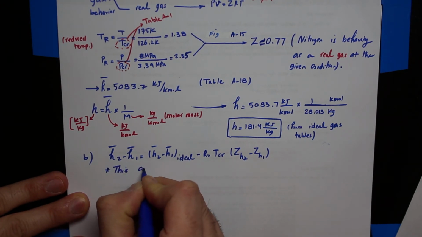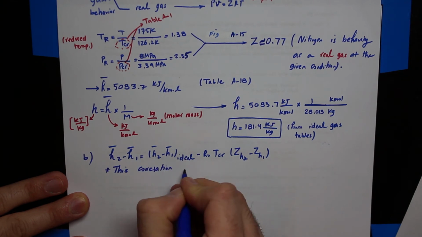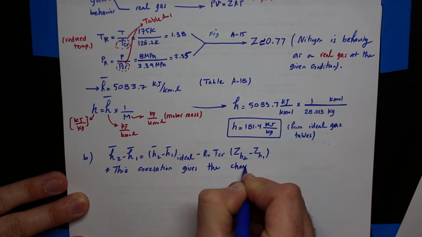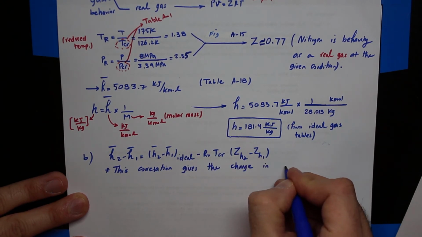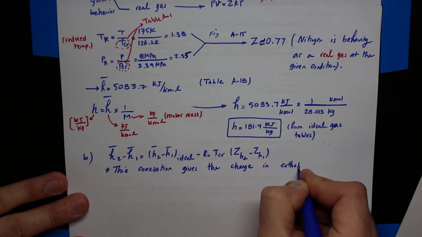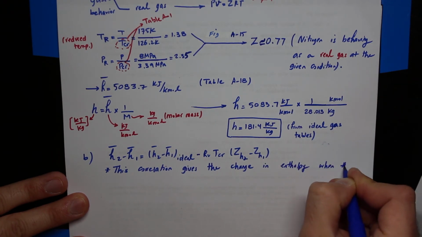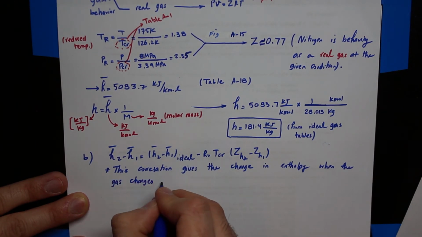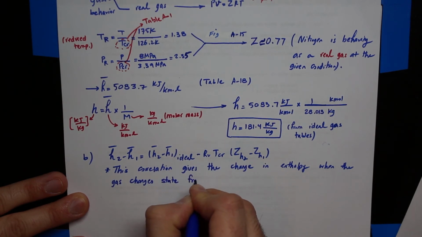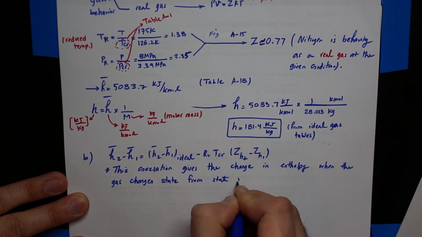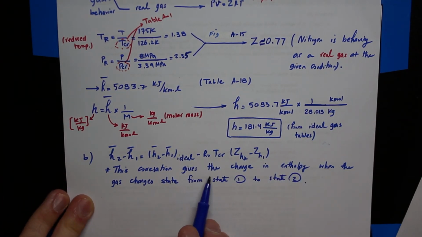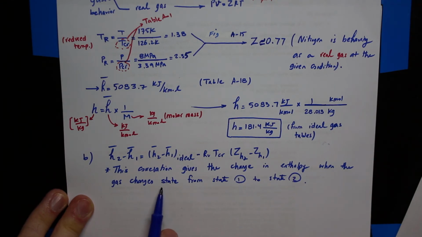This correlation gives the change in enthalpy when the gas changes state from state 1 to state 2.